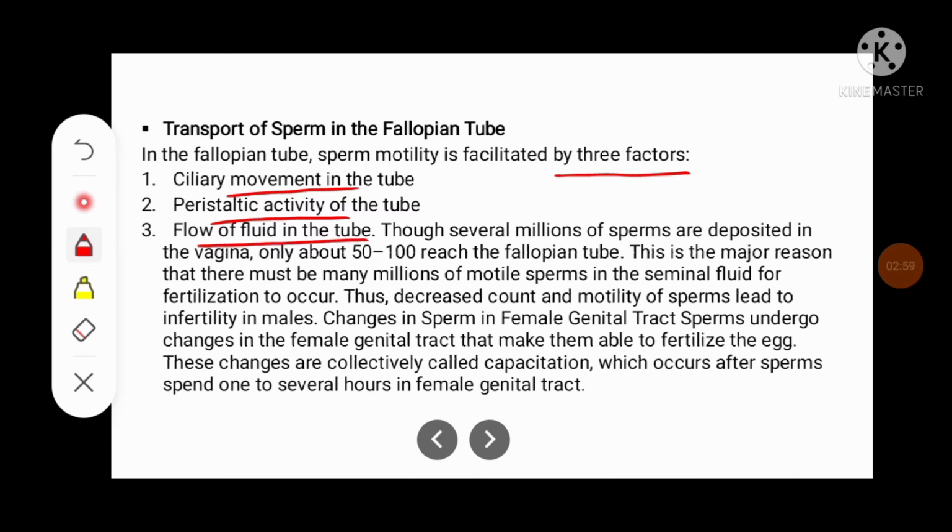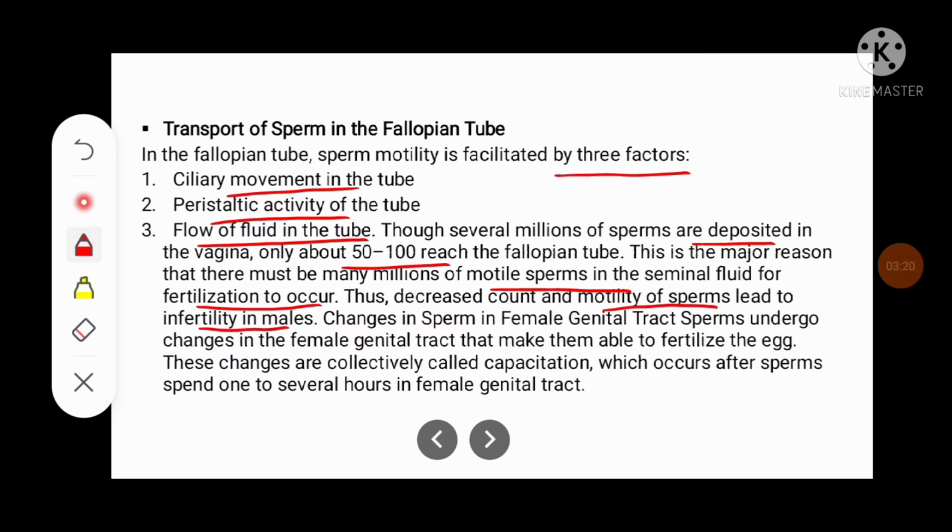Though several millions of sperms are deposited in the vagina, only about 50 to 100 reach the fallopian tube. This is the major reason that there must be many millions of motile sperms in the seminal fluid for fertilization to occur. Thus, a decreased count and motility of the sperm lead to infertility in males.